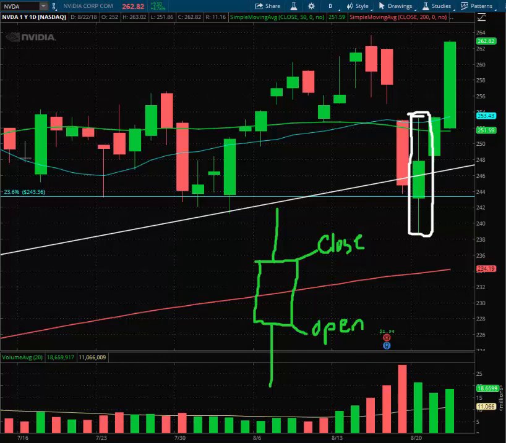So for the close, the first aspect of the bounce, we want the closing price to be above the key level. Seems simple, right? But it's not as easy as it sounds. A lot of people see these bounces and they say, okay, I can only play this bounce on day one. That's one way of trading it, obviously.